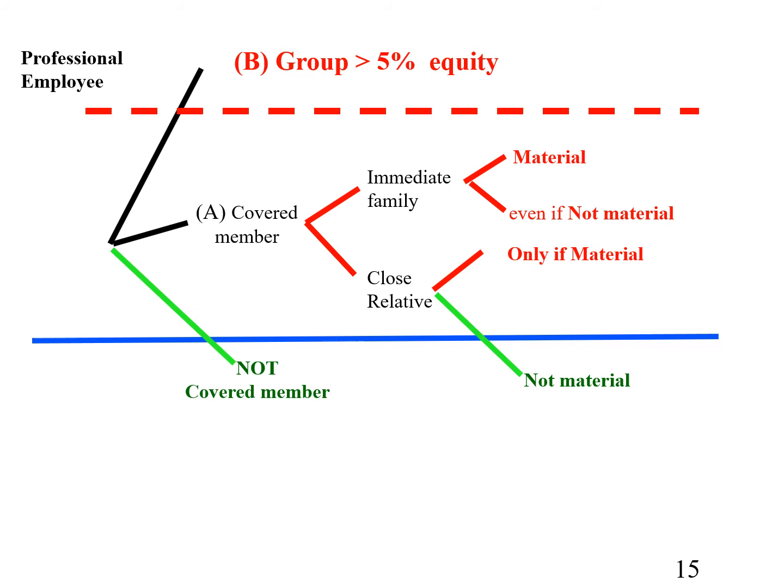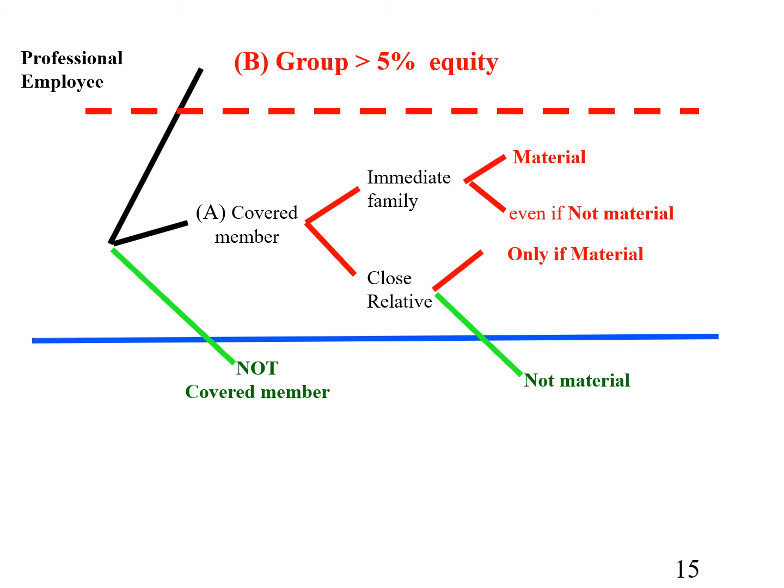Here is how I try and identify it. The first group is any professional employee or group of professional employees that owns more than 5% of the equity in any client anywhere in the system will compromise independence. Then we've got covered members. Covered members have immediate family and close relatives. Their immediate family cannot have any financial interest in the client.